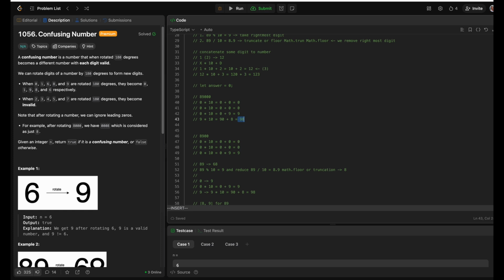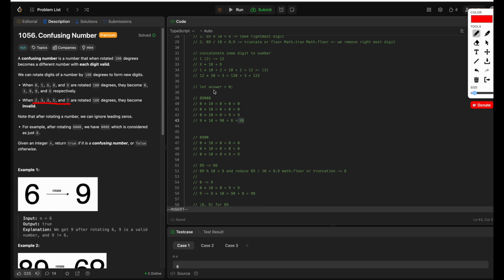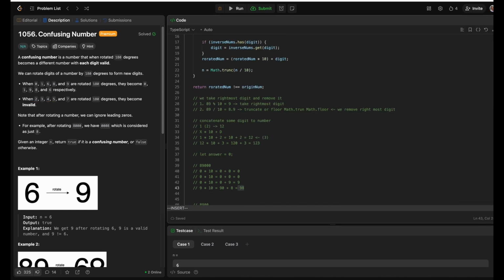The first thing is we have to store somewhere, it depends on you, maybe a set or map or even an array, some invalid digits like here. And when we make our first operation here, we have to check whether there is an invalid digit or not. If it's an invalid digit, we have to return false immediately.